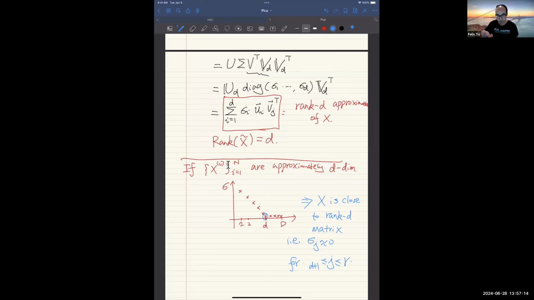So that means beyond the d, from d plus 1 to the rank of the matrix, all of my singular values are close to 0. With that, we argue this whole data matrix is close to a rank d matrix.